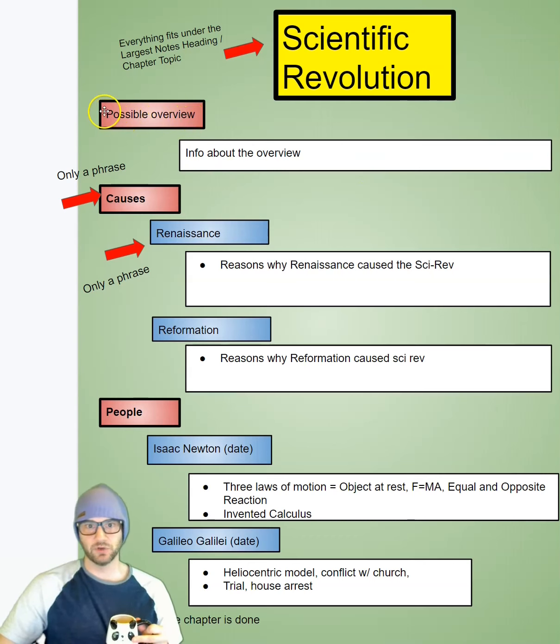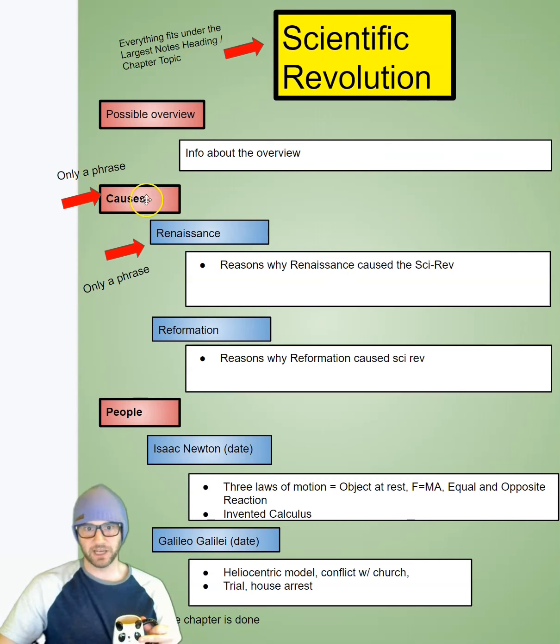And so what you do is you would put overview, indent, and then put the information that you want to put in on the overview. Maybe some vocabulary, maybe some books use setting the stage to what's going on before you get into the topics of the scientific revolution.